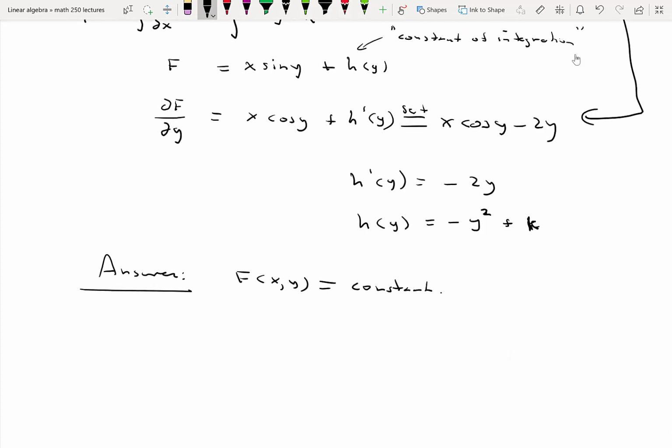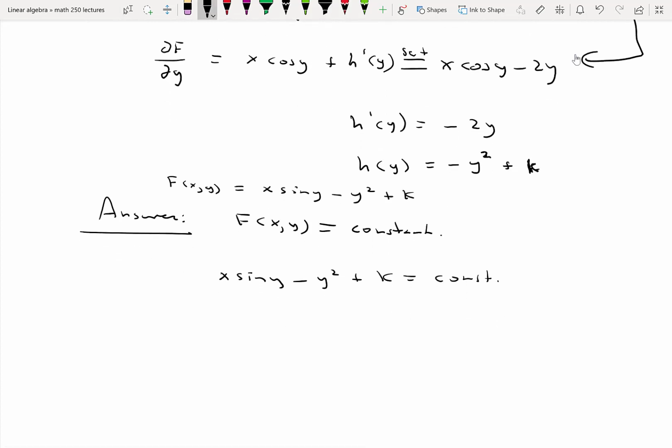So the solution is f of x, y. Well, what's f of x, y now that we figured out h? F of x, y is x sine of y plus h of y. Then the solution is x sine y minus y squared plus some constant k equals a constant. I'll combine those two constants. The solution then is x sine y minus y squared equals, say, a constant c.